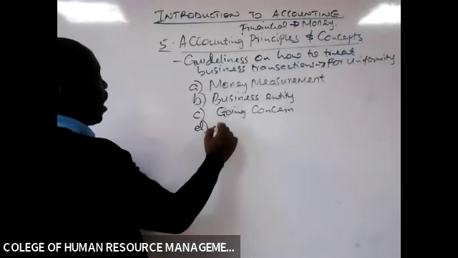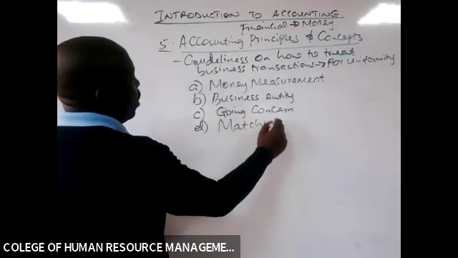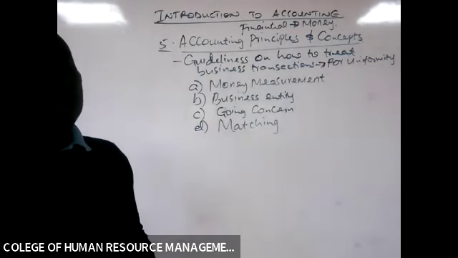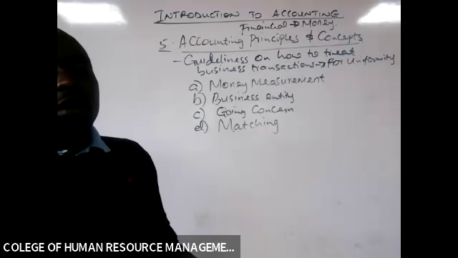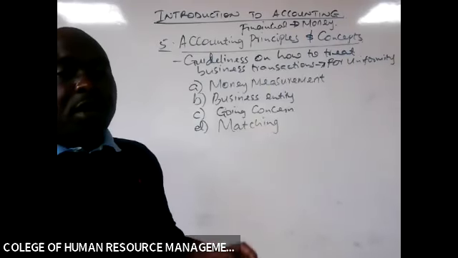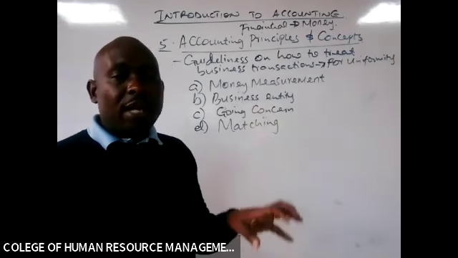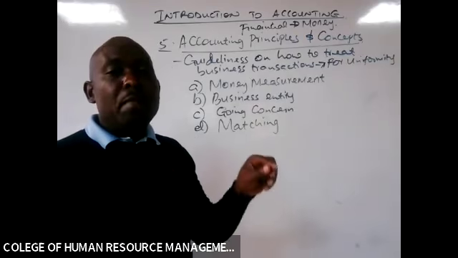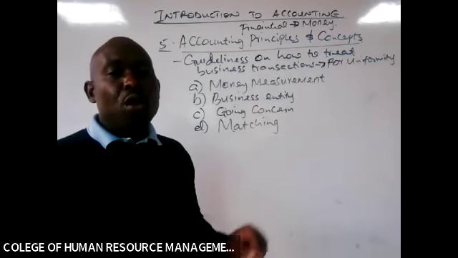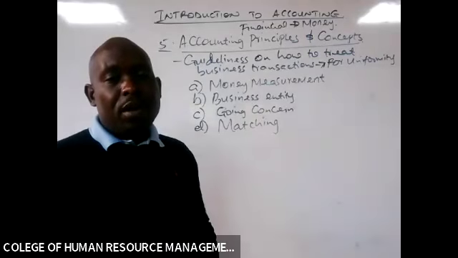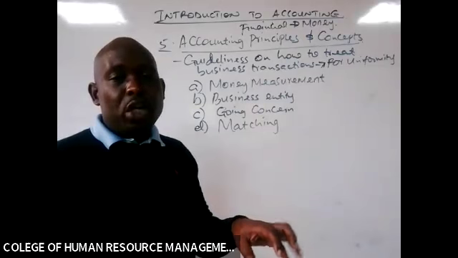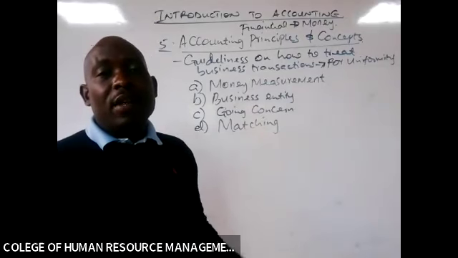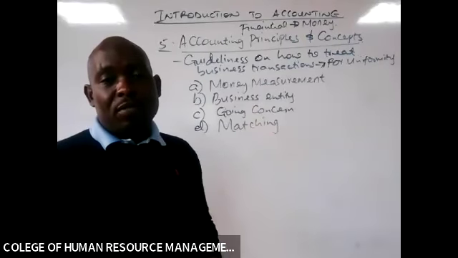Then D, we have the matching concept. By the matching concept, the explanation is that the revenues, that is income, of a particular business entity should be matched with the expenses for the same period, so that we can get a clear financial performance.